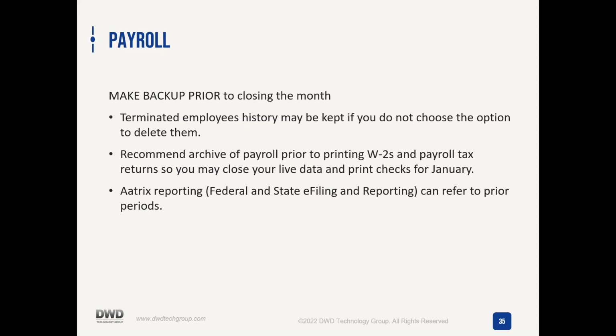With the ATRIX reporting, the enhanced state or enhanced federal and e-file or enhanced federal and state e-filing and reporting, we can go back and look at historical months and run forms from prior to January of the new year. That's been really, really handy.